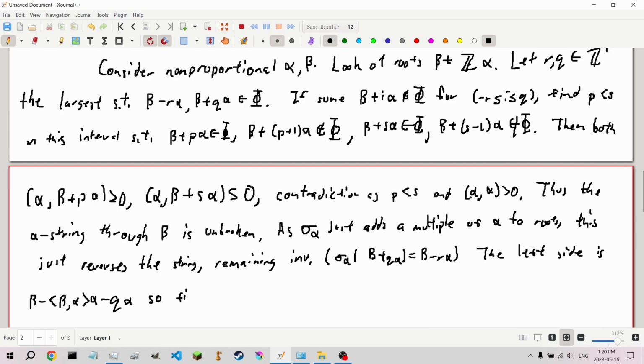So finally, r minus q is equal to beta and alpha.